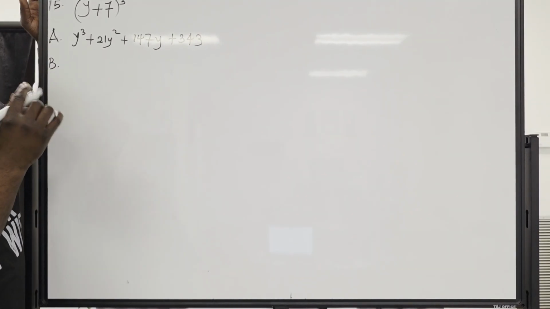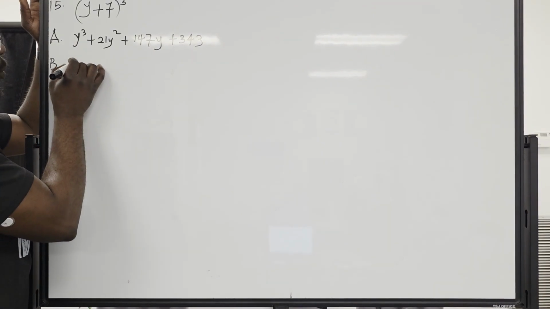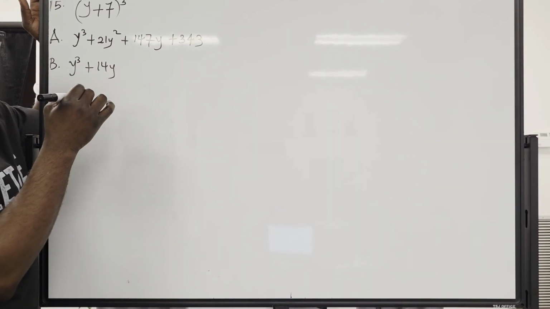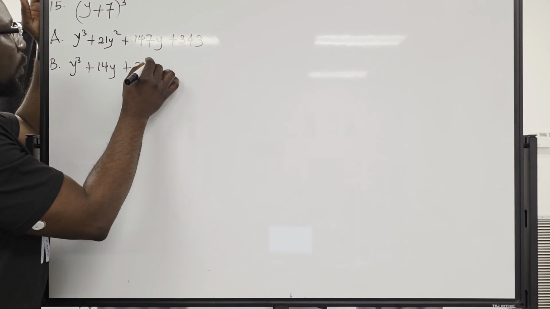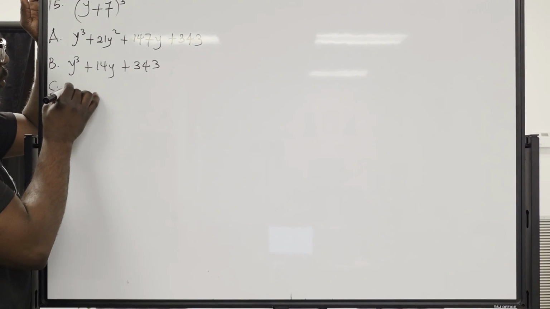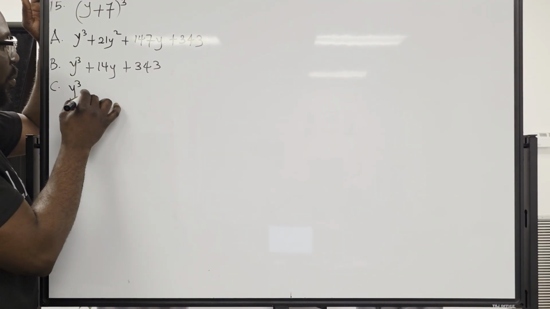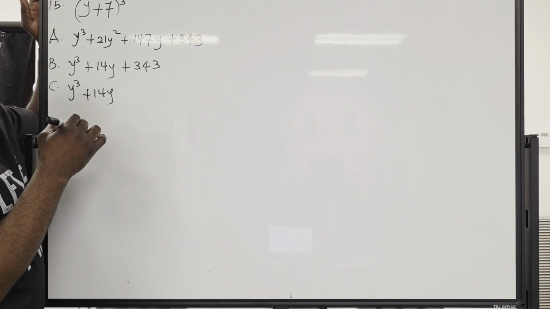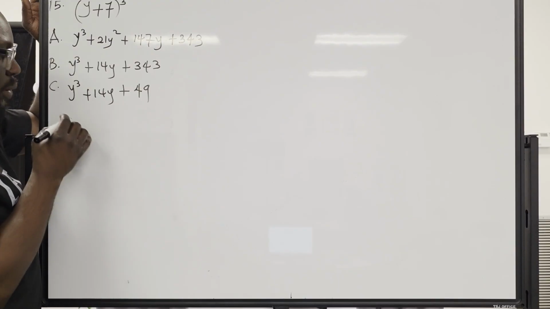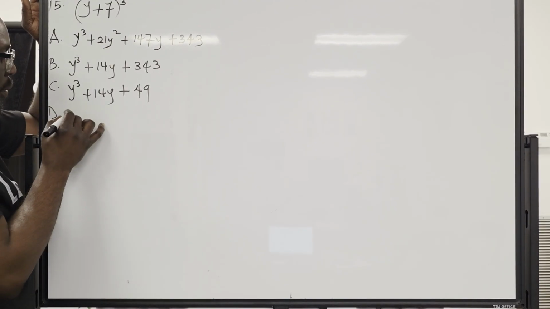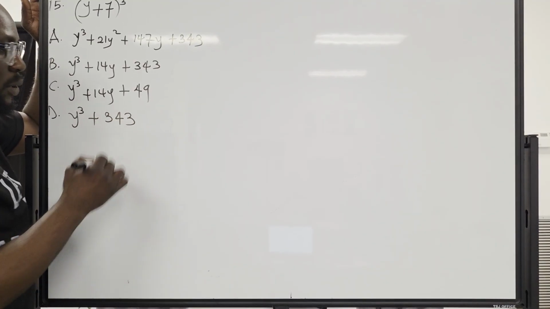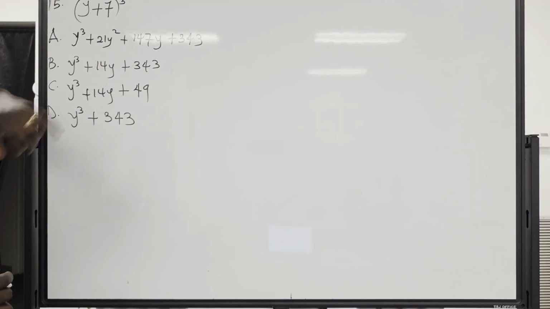Option B gave us y cubed plus 14y plus 343. Option C gave us y cubed plus 14y plus 49. And option D, y cubed plus 343.